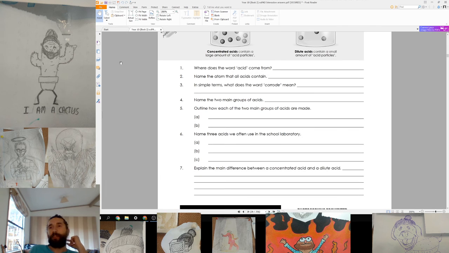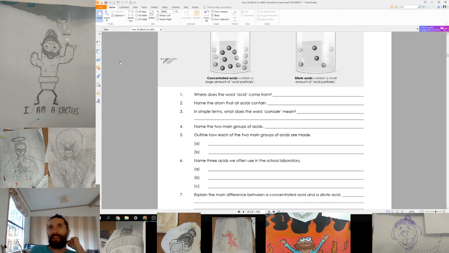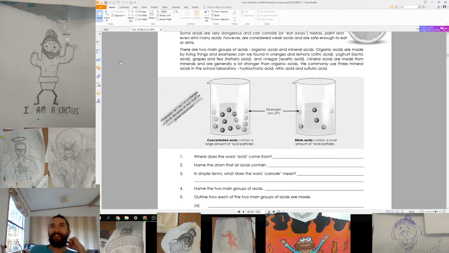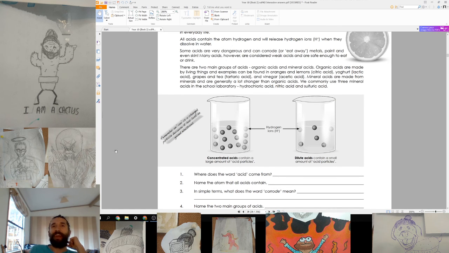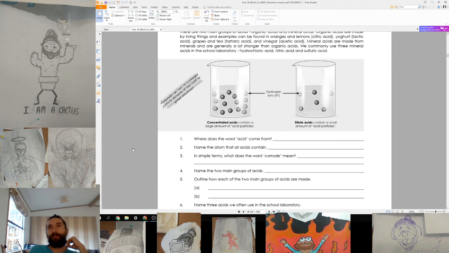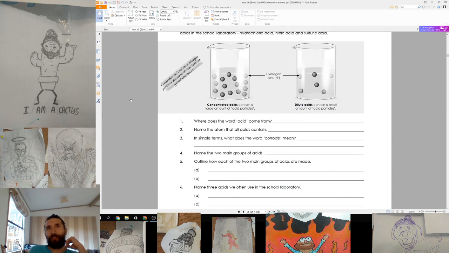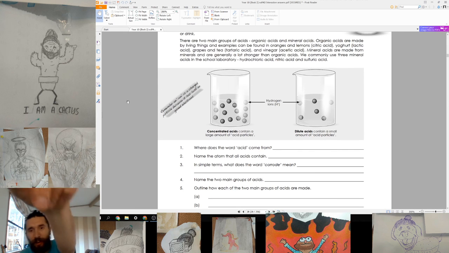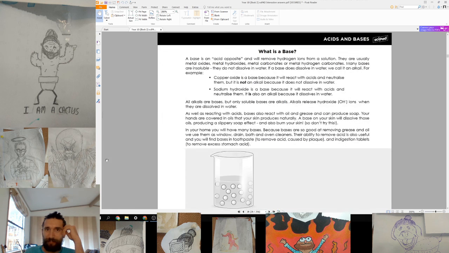The main difference between a concentrated acid and a dilute acid, yeah, that's an important bit. In a concentrated acid, there's a large amount of reactants in the water. In a dilute acid, there's going to be a very small amount of reactants in the water. So this one on the left, you can see has lots of H pluses, and the one on the right's only got a few H pluses.